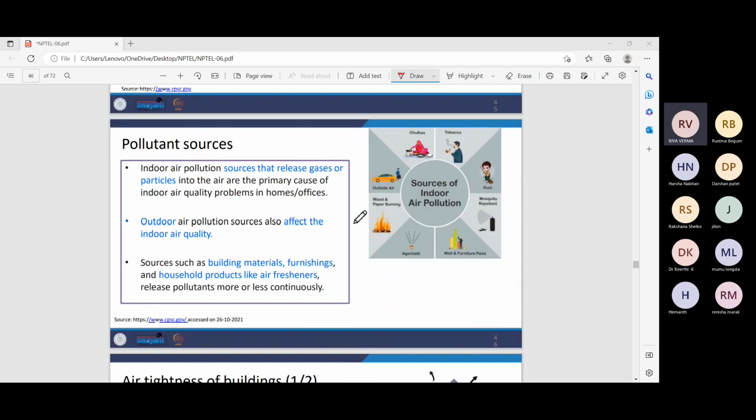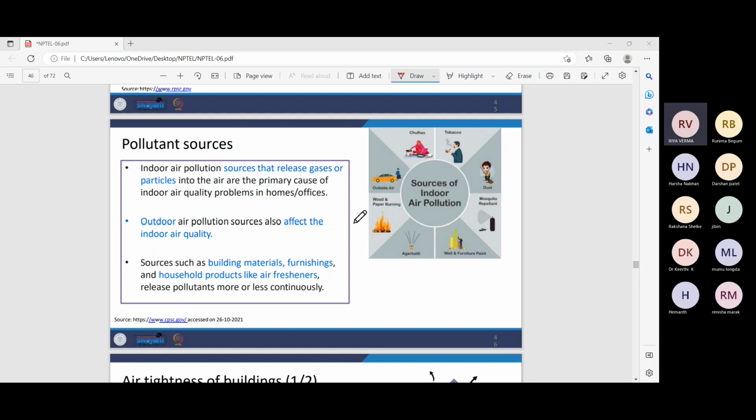So what are the pollutant sources? Basically, the indoor air pollution sources release either gases or particles. Gases, for example, carbon dioxide, carbon monoxide, and pollutants, for example, PM10, PM2.5, even PM1. So these are the pollutant sources that release gases or particles into the air, and thus they are the primary cause of indoor air quality problems in our homes or office spaces or any kind of indoor environments that we are considering.